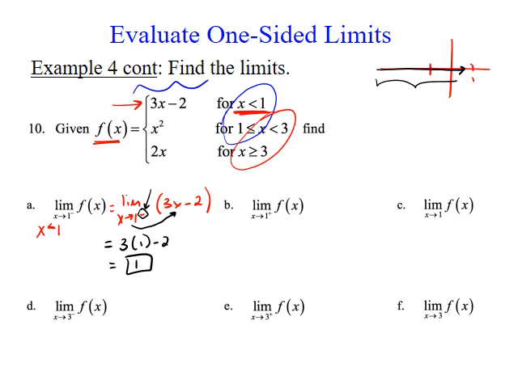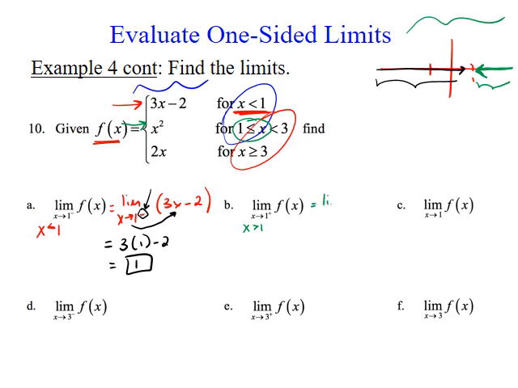Now I'm going to evaluate the limit as x approaches 1 from the right. Looking at this chart here, as x approaches 1 from the right, all of these values are bigger than 1. So this means we are looking at x values greater than 1. According to my information, x values greater than 1 deal with this second piece in my piecewise function.